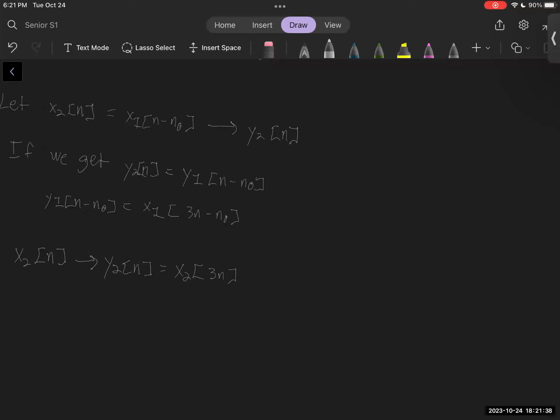And because our x2 is defined as x1 of n minus n naught, that is equal to x1 of 3 times n minus n naught.